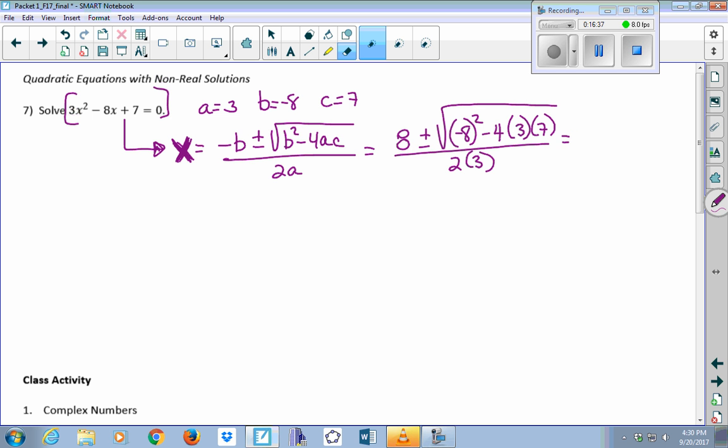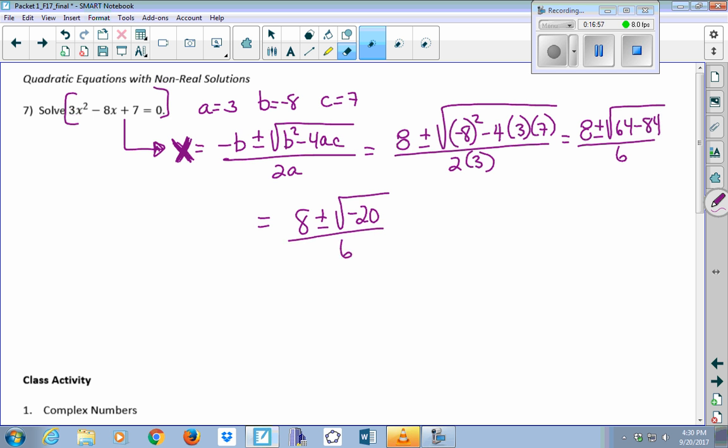So this gives me 8 plus or minus the square root of 64 take away 84, all over 6. And this equals 8 plus or minus the square root of negative 20, all over 6.